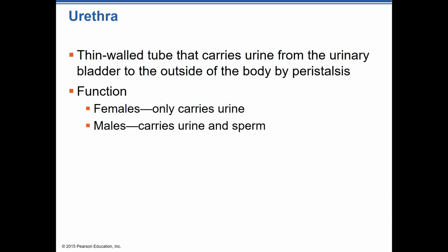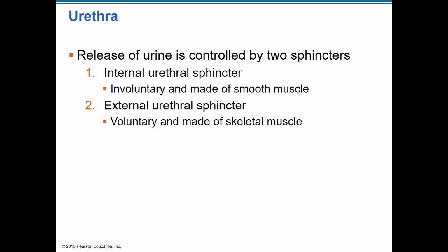The big difference is that in males the urethra is longer than it is in females, and this makes females much more susceptible to bladder and urinary tract infections than men. It purely has to do with the way that males' and females' bodies are made. It makes women much more susceptible to UTIs and those types of things than men. Of course, it is absolutely possible for men to get UTIs as well.